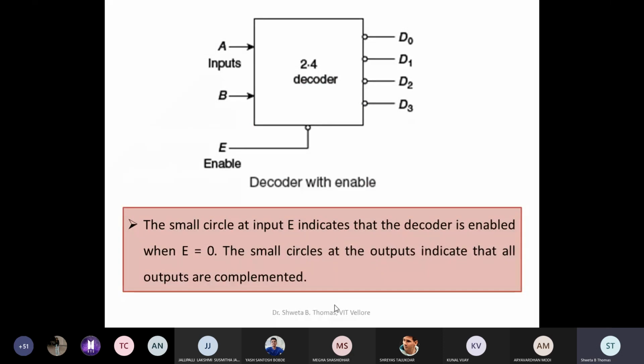Now, if you see this diagram, decoder with enable input, both are the same actually. So why am I showing this to you? Because we have to correlate with the demultiplexer. So in the decoder with enable input, these two inputs A and B we have given, and E downside we are giving the enable input. And the small circle at the enable input actually shows the complemented form, because we are taking the 0.